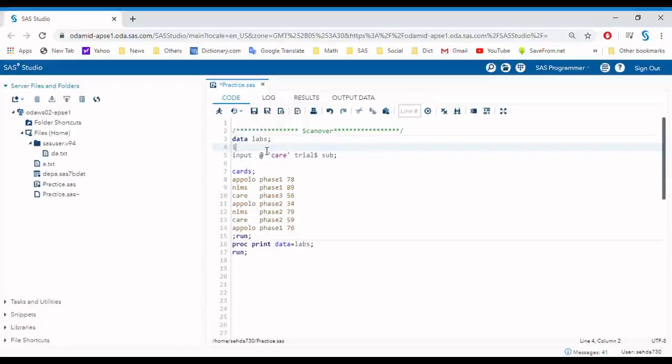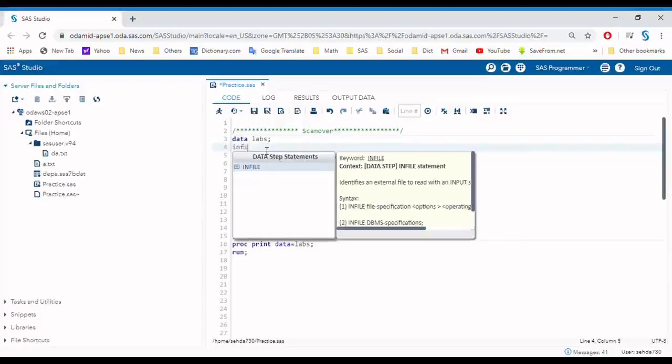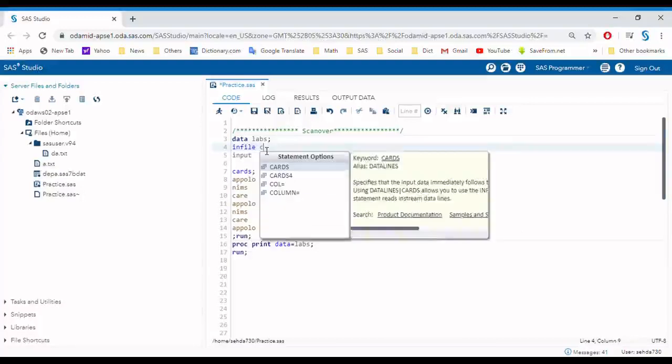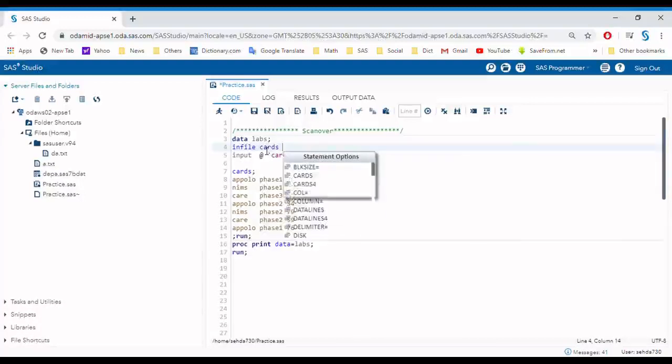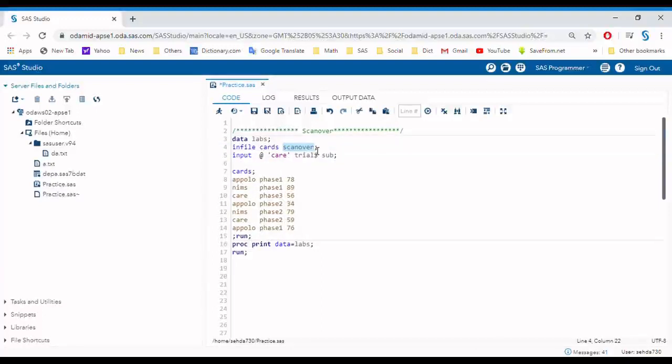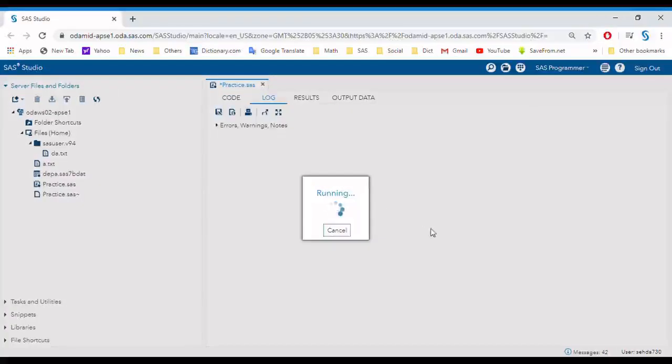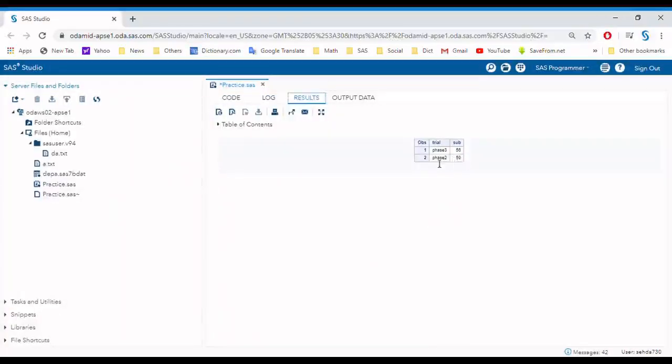Remember this thing, we do not use it like this. However, we can mention this, but there is no use of mentioning it over here. Even if you write it, it will work as it was working earlier. So let's see how it is working. I ran that. Same thing.